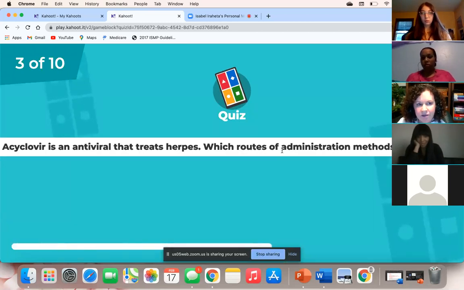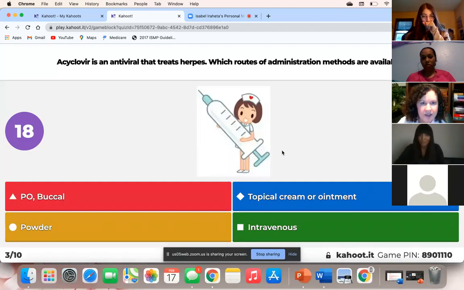Acyclovir is an antiviral that treats herpes. Which routes of administration are available?